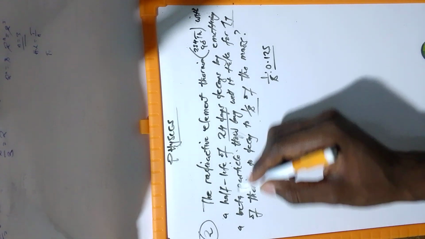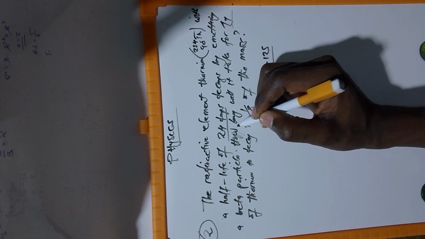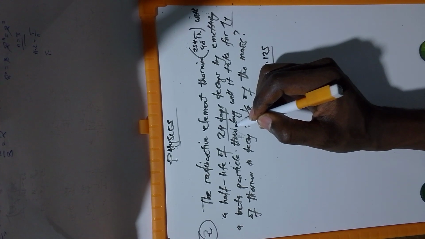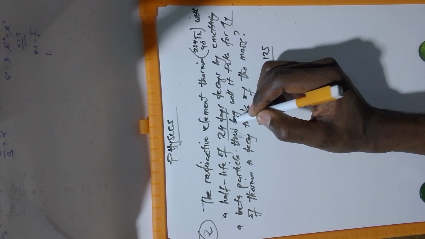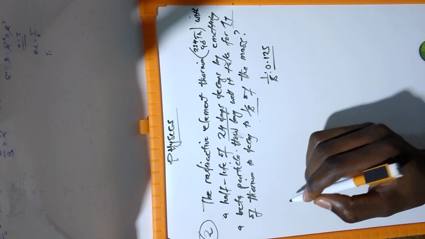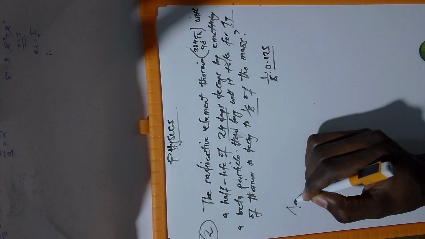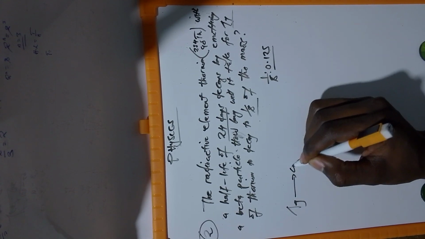So since this one has a half-life of this part, we need to understand that when half-life is given, it is the same half-life which we use to do the calculation. So here you find that now, since you have 1 gram, the half of 1 will give us 0.5.